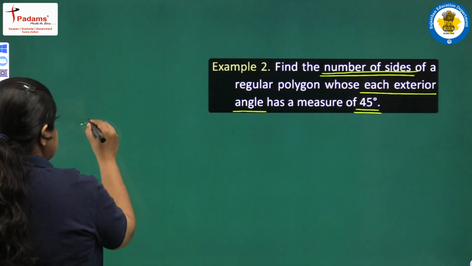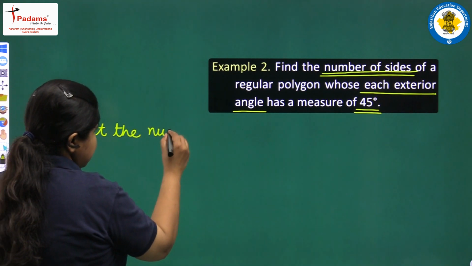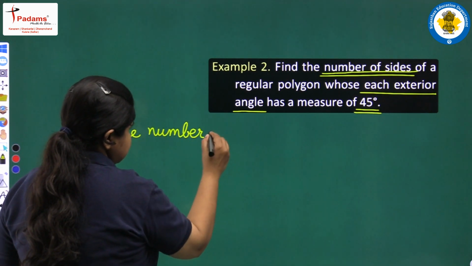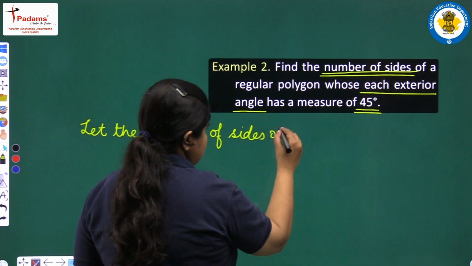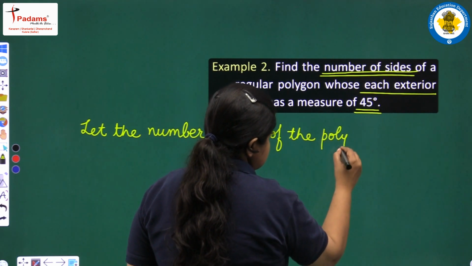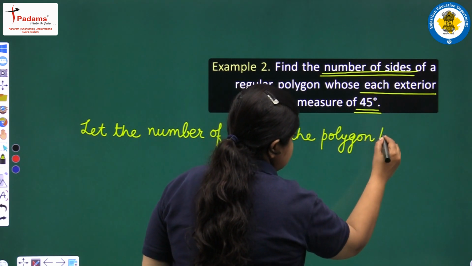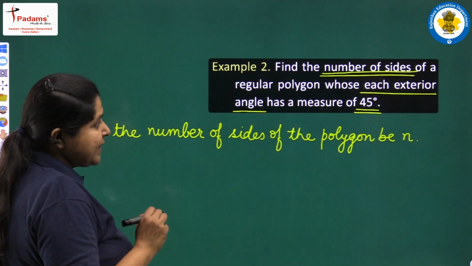So we write it, let the number of sides of the polygon be n.